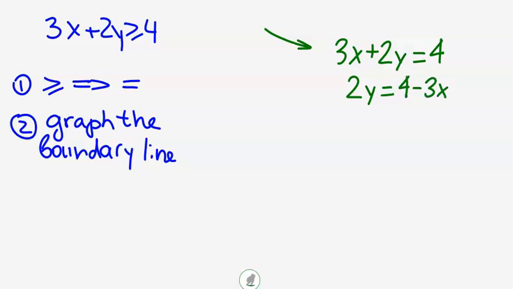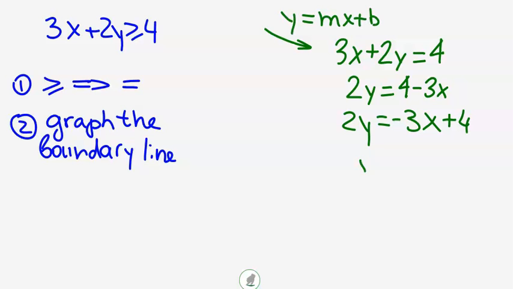And then let's just rewrite it with 3x going before 4, because in slope-intercept form, I will remind you, we have y equals mx plus b. So let's follow that. Okay, so negative 3 over 2 x plus 2. Great. So now this will be the y-intercept and this will be the slope.